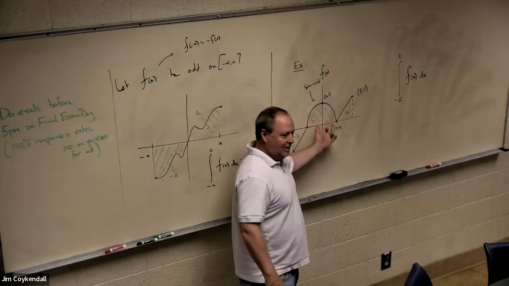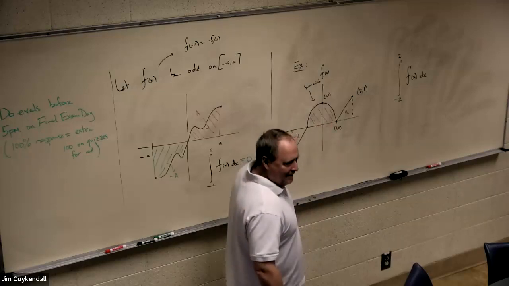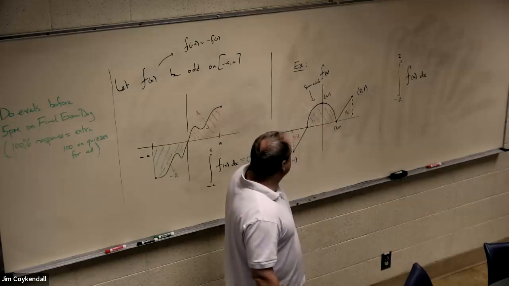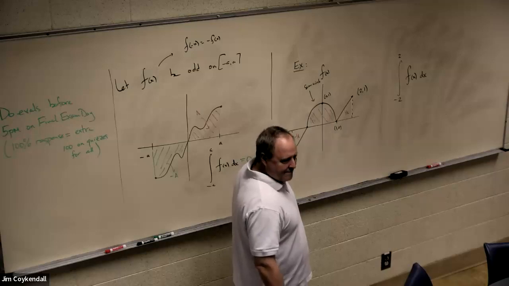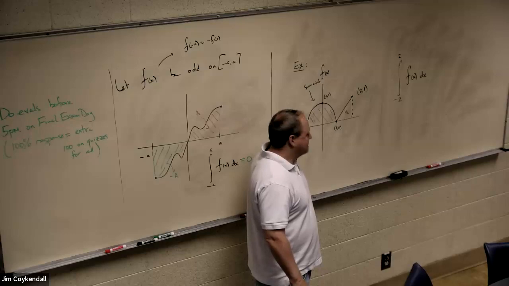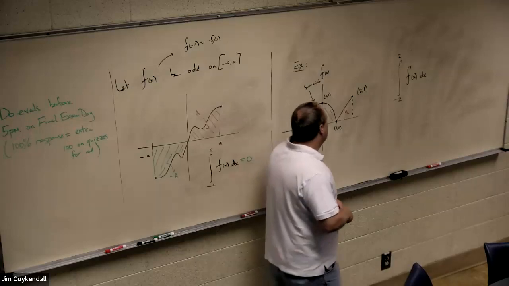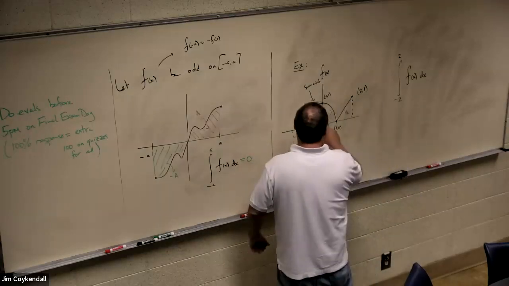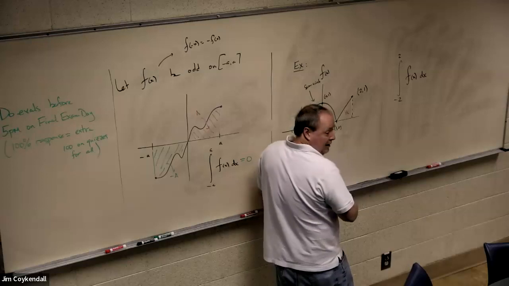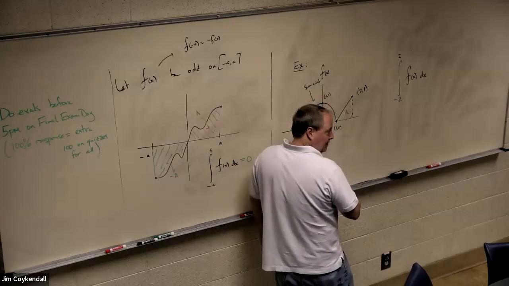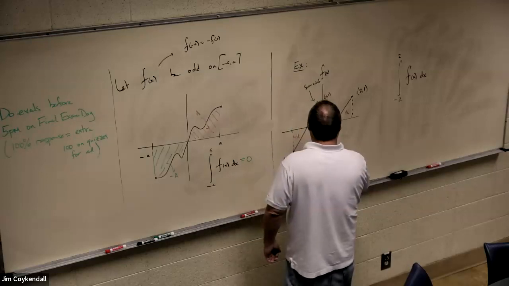So what's left over here? There you go. So it should be this. This bit is pi times the radius squared. What's the radius of the circle? 1.